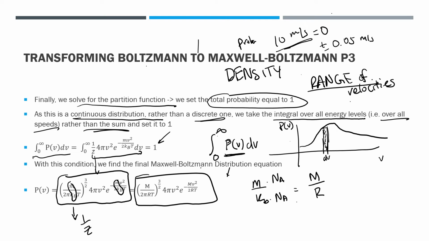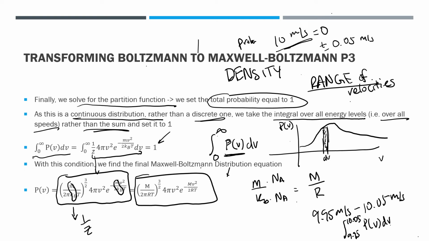So this essentially is saying, what is the probability the gas particle is between 9.95 meters per second and 10.05 meters per second. Then what do I do? I take the integral from 9.95 to 10.05 of my Maxwell-Boltzmann distribution, P of V dV, and this gives me the probability I'm in that range.